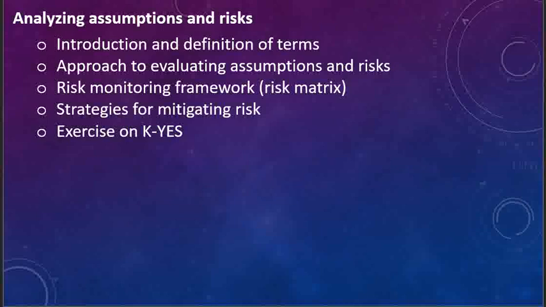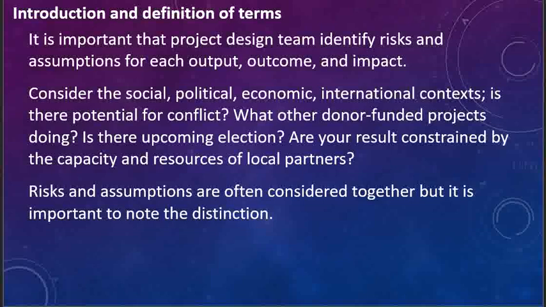All right, so let's look at the introduction and definition of terms. It is important for the project design team to identify risks and assumptions for each output, outcome, and impact.